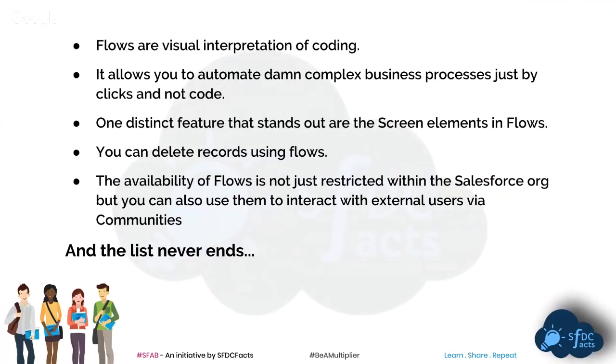Because it allows you to create a series of screens which helps you navigate and which can interact with the user on a UI level, and you can manipulate or show or hide data or gather information using those screen elements in the flow. This is one of the most important features of a flow.